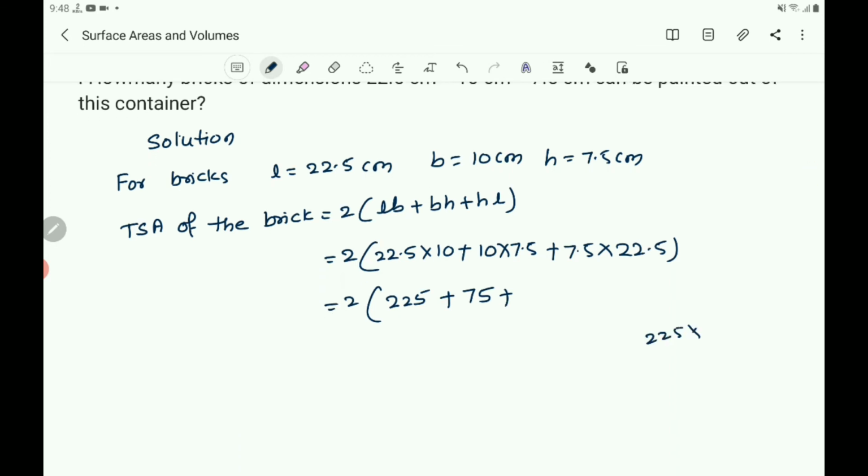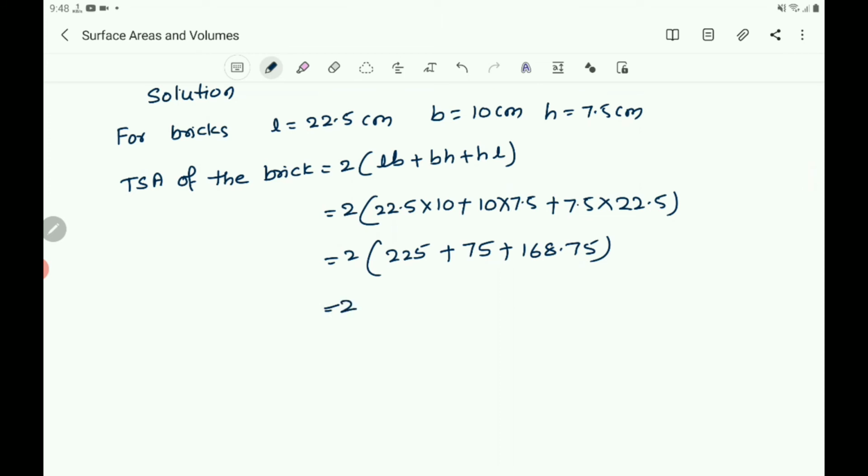So you find 22.5 into 7.5: 5 fives are 25, 5 twos are 10 plus 2 is 12, and 5 twos are 10 plus 1 is 11, plus 7 fives are 35, 7 twos are 14 plus 3 is 17, and 7 twos are 14 plus 1 is 15. So you get 168.75.